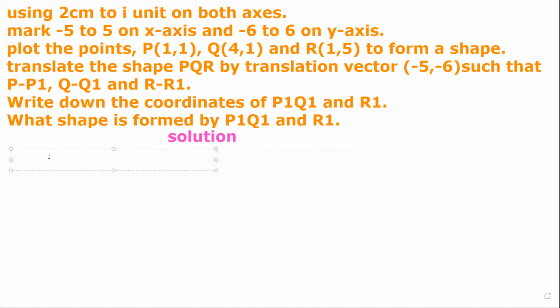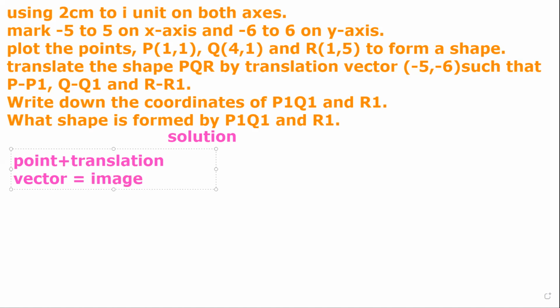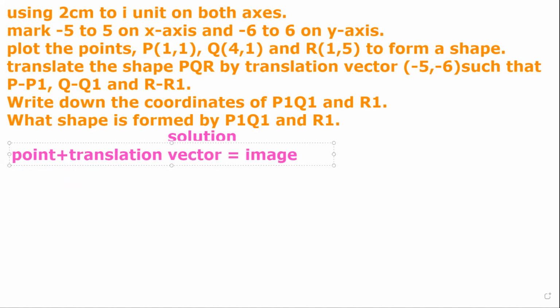So you write point, let's use P, or point, plus translation vector, equal to image. So that is the formula that you are going to use for all.